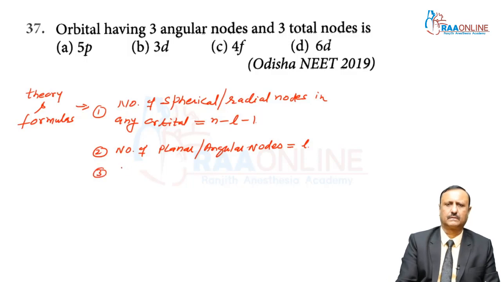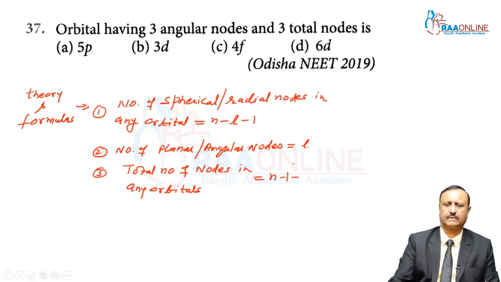Number 3, the total number of nodes in any orbital equals n minus 1.